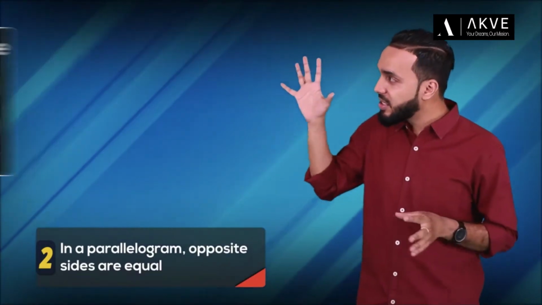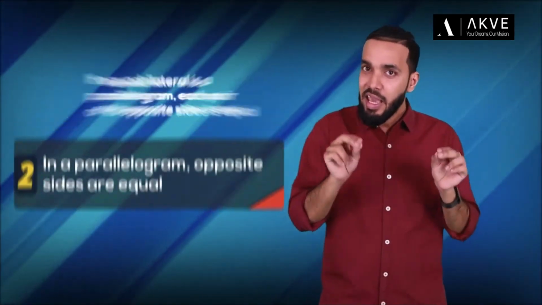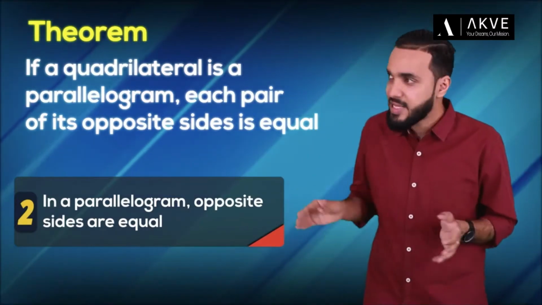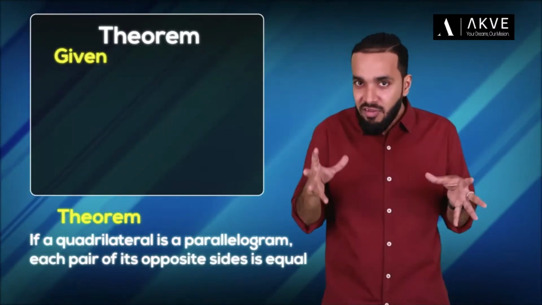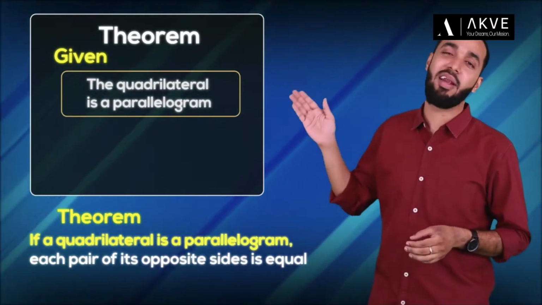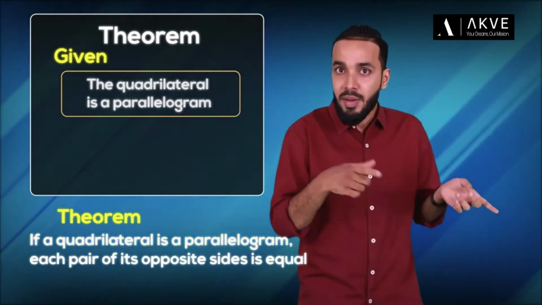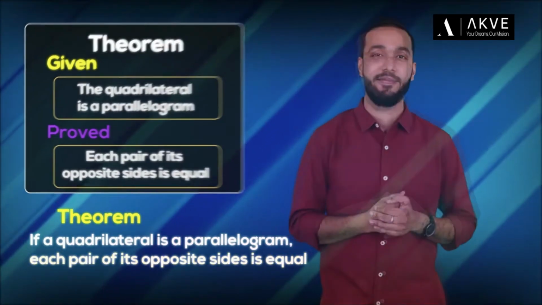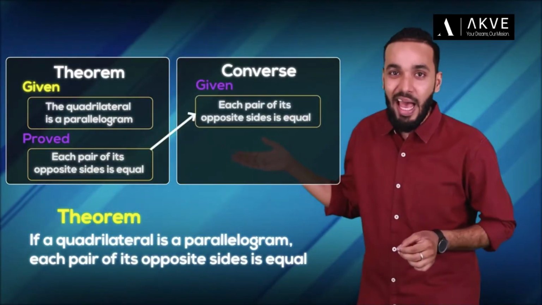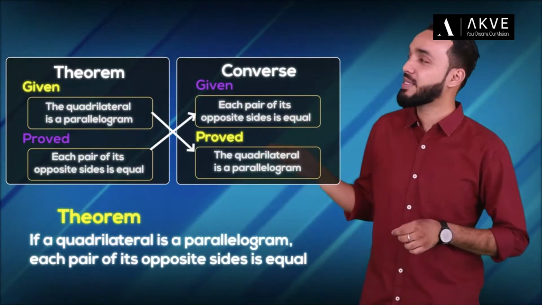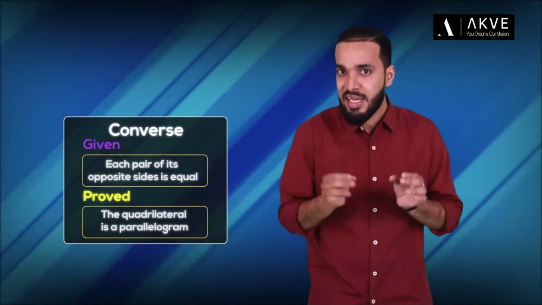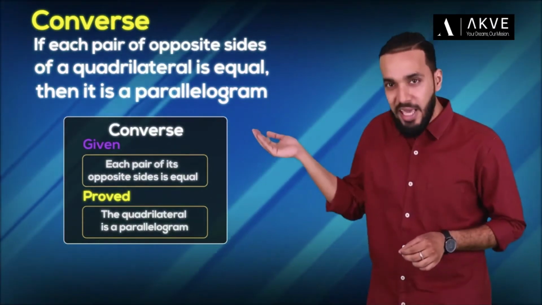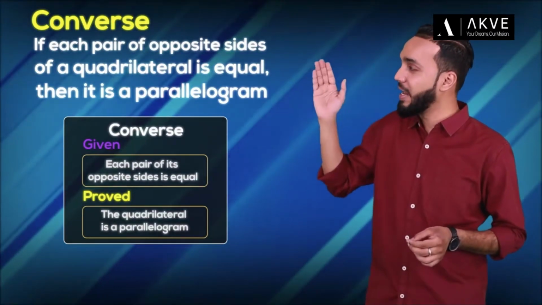So, if we rephrase this theorem as: if a quadrilateral is a parallelogram, each pair of its opposite sides is equal, then the given part is that the quadrilateral is a parallelogram, and the proved part is each pair of its opposite sides is equal. So, switching the given and the proved, we get the converse of this theorem, which can be written as: if each pair of opposite sides of a quadrilateral is equal, then it is a parallelogram.